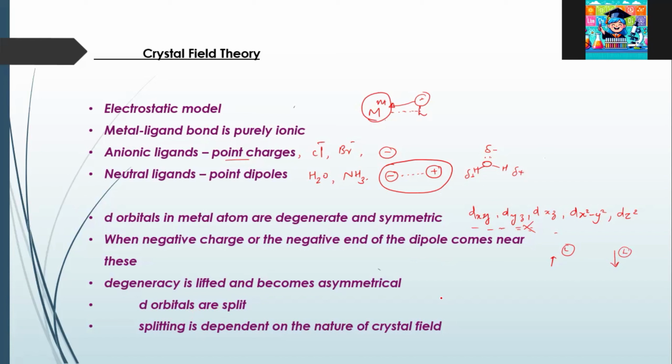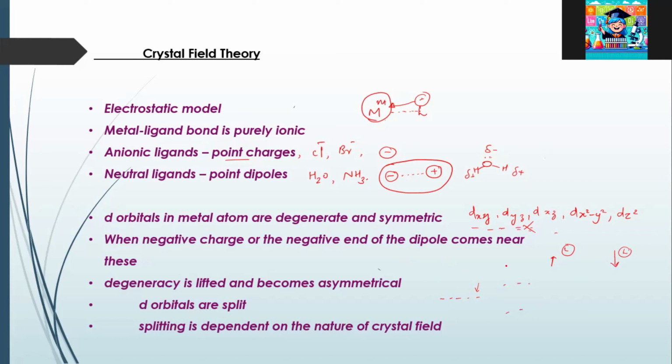First, when there are no ligands, they are together like this. When a ligand comes closer to the metal, these d orbitals are split into different energy regions.